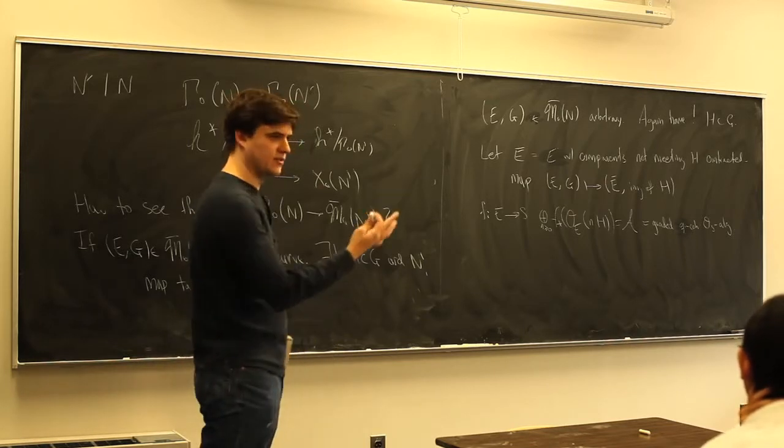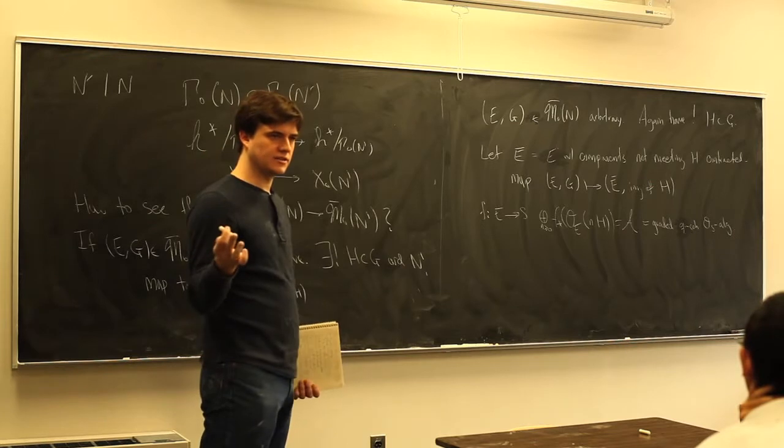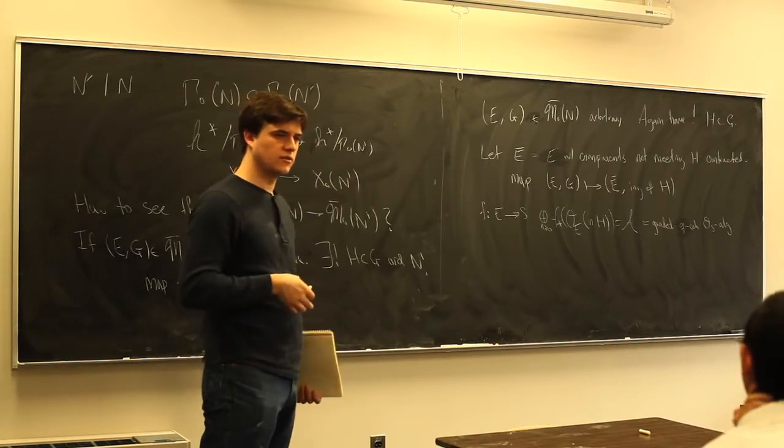So now we're just going to take Proj of this, and that's going to contract away the parts that H doesn't hit, because you only get constant functions on those components.